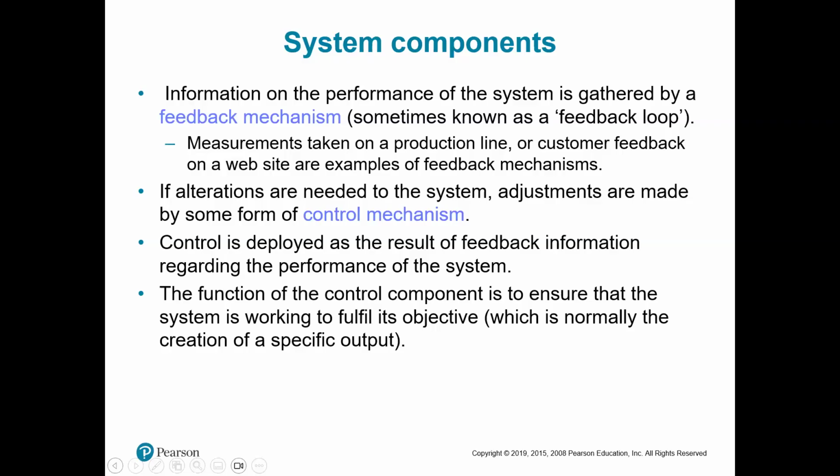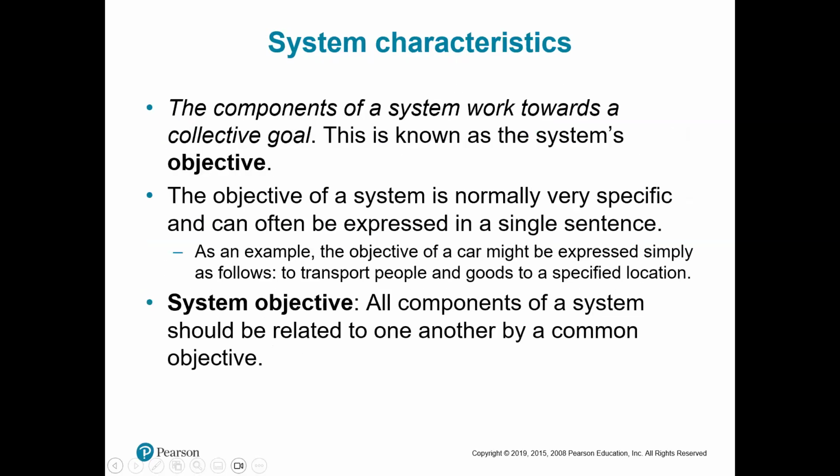Maybe we need to provide some special internet services for the time being so we can have our online class. Maybe we have to do one or two things. Those are the control components or mechanisms that will ensure that the system is working to fulfill its main objectives or its purpose.